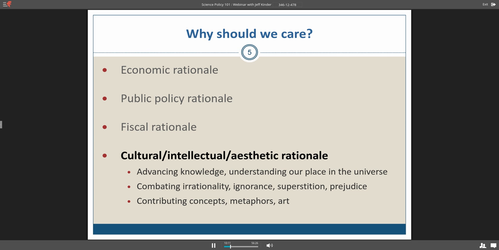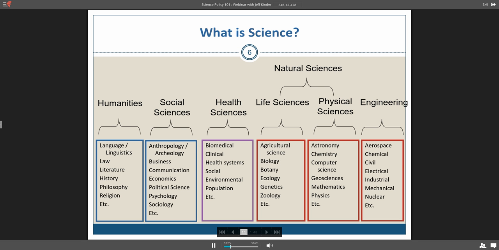Now, we would never expect to actually hear our senior decision makers justifying the $10 billion investment in science and technology on these rationales alone, but they are part of the reasons why a society chooses to invest in science. And so for all of these reasons and others, it makes sense to understand science policy.